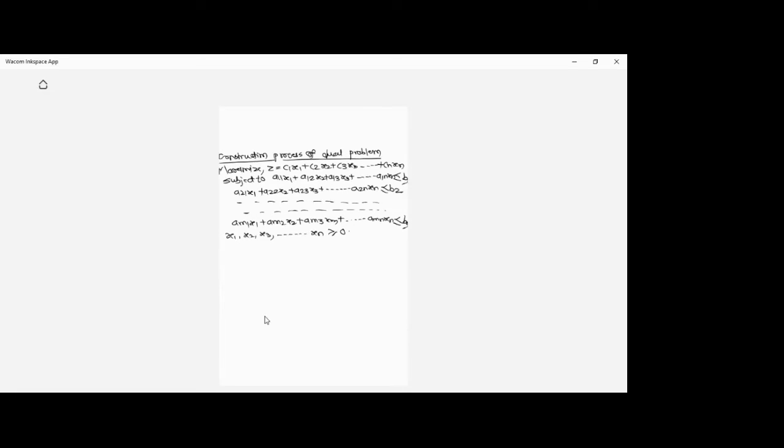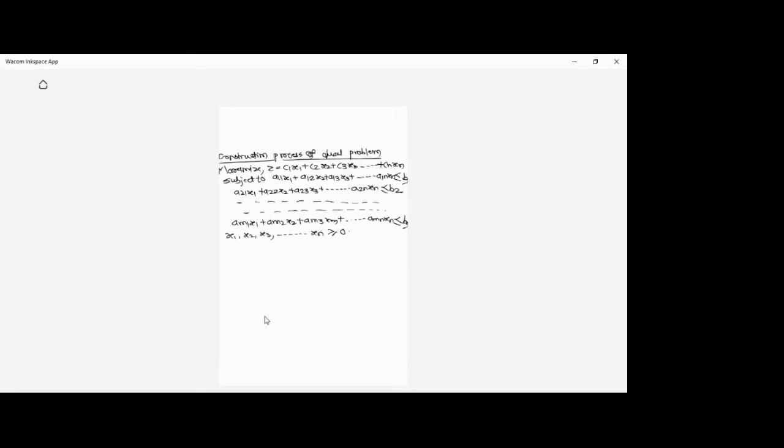So this is our simple primal problem, where we have a maximization objective function c1 x1 + c2 x2 + c3 x3 + ... + cn xn, and some constraints are given.